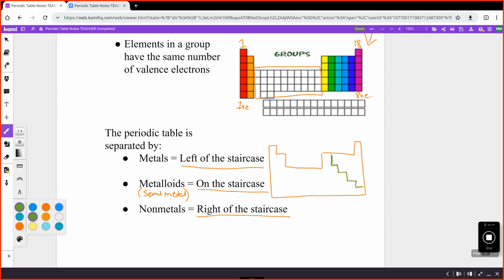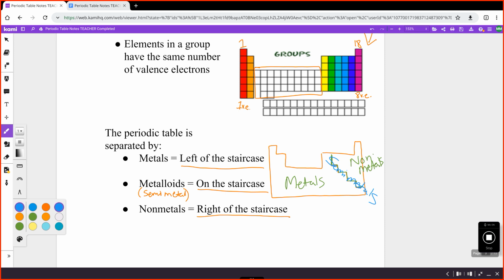And it's the divider of the metals on the left, the nonmetals on the right, and the semi-metals on the staircase. And that's how we're going to start to decode the periodic table and understand why it looks the way it looks.